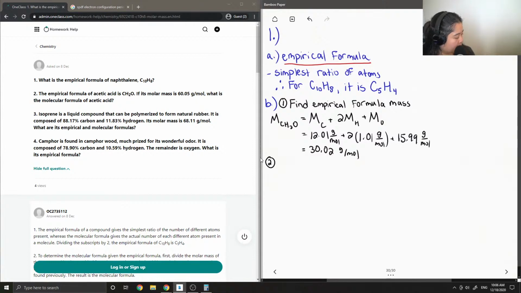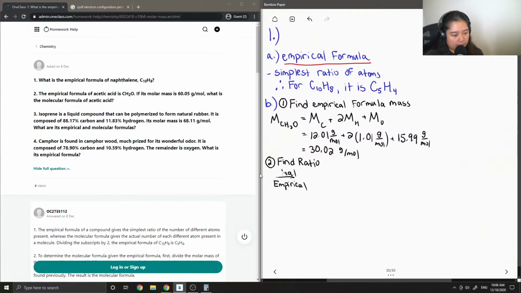Okay, so step 2 in answering this question is to find the ratio between the empirical formula mass and the actual molar mass, which is 60.05. I'm going to divide our actual by our empirical.